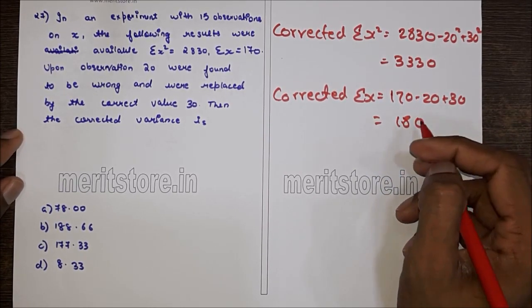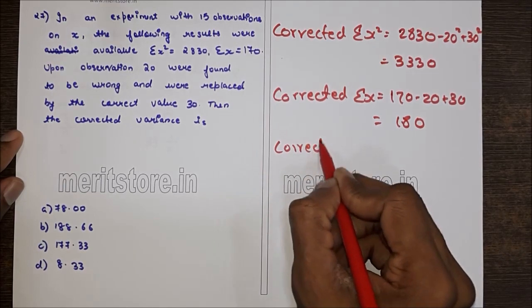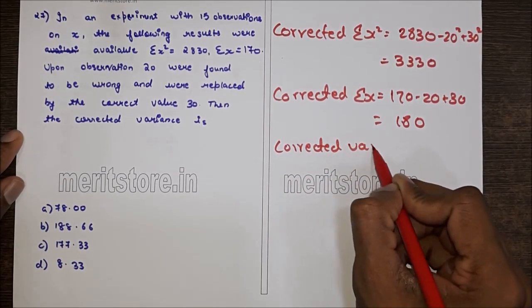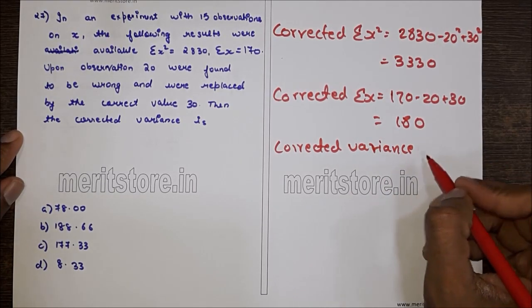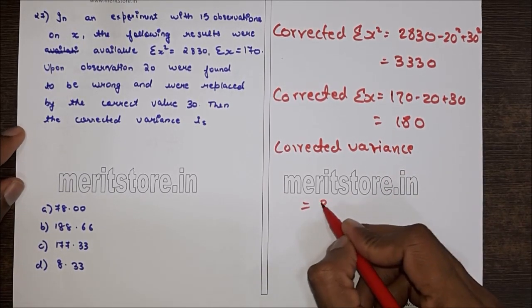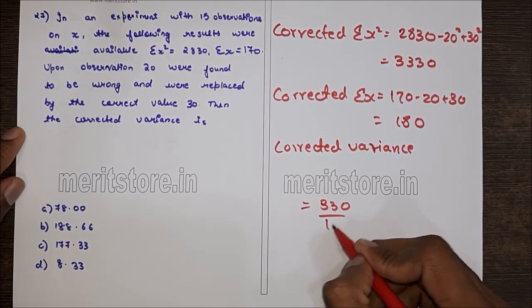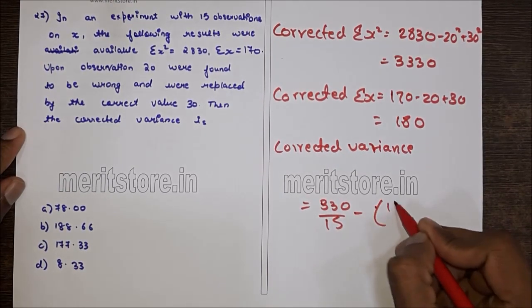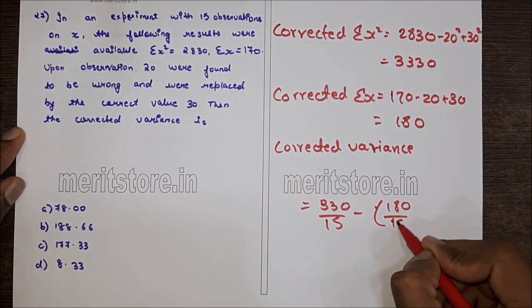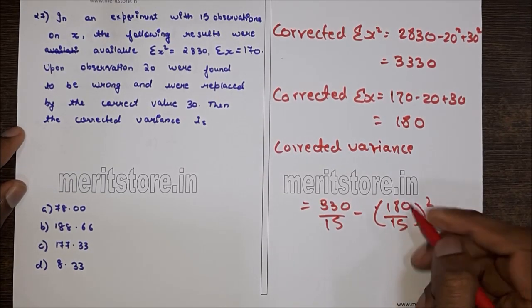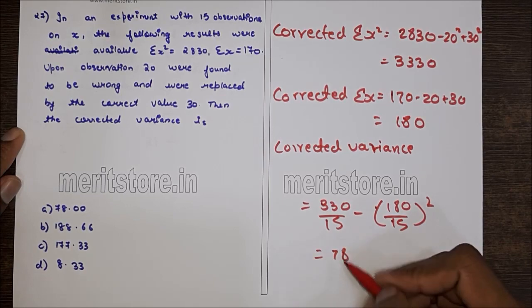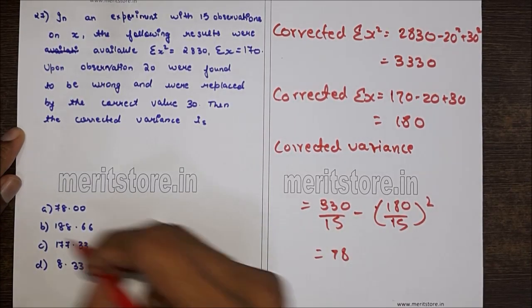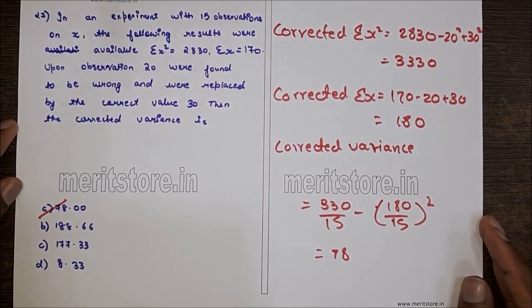The corrected variance can be written as 330 upon 15 minus (180 upon 15) the whole square. Solving this, we get 78, which matches with option A. Therefore, option A is the correct answer.